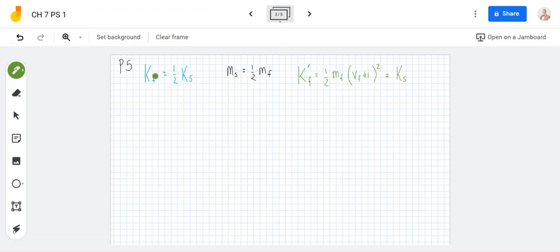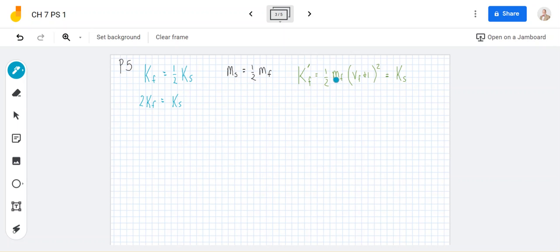So I'm looking at this, I know this is a K-father, this is a K-father, and so I wonder if I can set this one and this one equal to each other somehow. If I multiply both sides here by 2, I end up with 2 times the kinetic energy of the father is equal to the kinetic energy of the son. I just multiply both by 2.